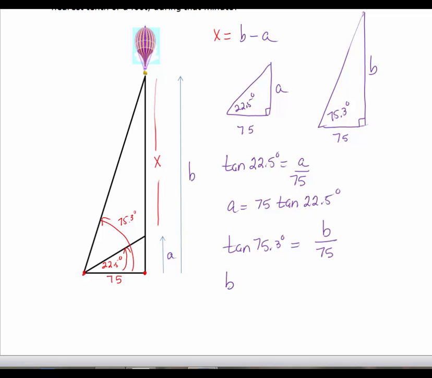And so B is equal to 75 times the tangent of 75.3 degrees. So I know that x is going to be equal to B minus A, or 75 times the tangent of 75.3 degrees minus 75 times the tangent of 22.5 degrees.